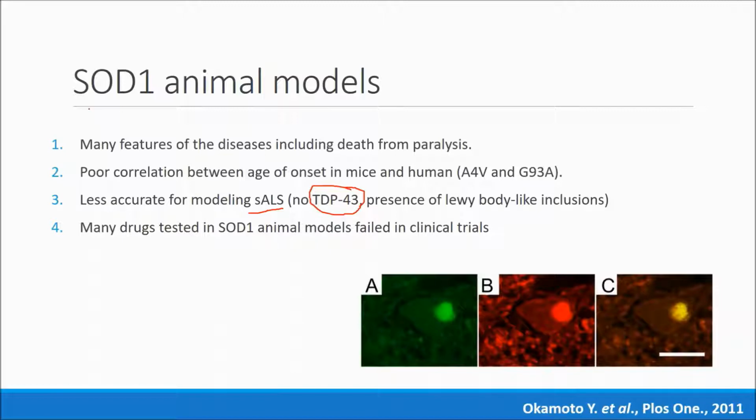And in the animal models, there's no TDP-43 pathology. So the SOD1 models can mimic maybe 5% of the human cases. In fact, we tried a lot of drugs in SOD1 models, and most of them, if not all of them, failed in clinical trials. So it's raising a lot of questions about the efficacy of this model to mimic the disease.